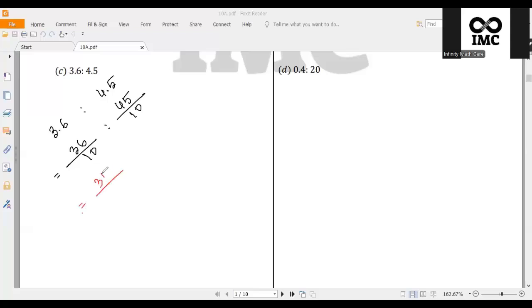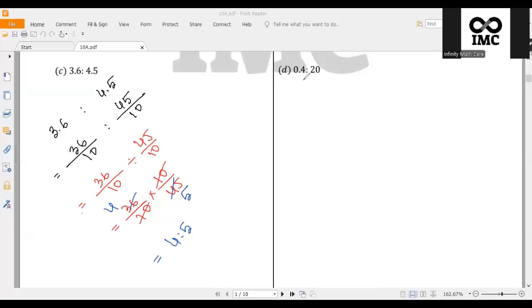So 36 by 10 divided by 45 by 10, then 36 by 10 multiplied by 10 by 45. Now cancel 10 and 10, and 36 and 45 are both divisible by 9. 9 4s are 36, 9 5s are 45. So the answer will be 4:5. Simple one.